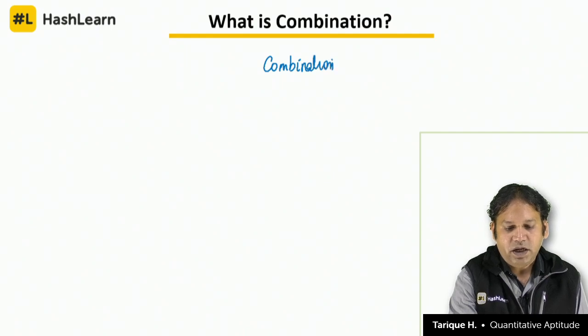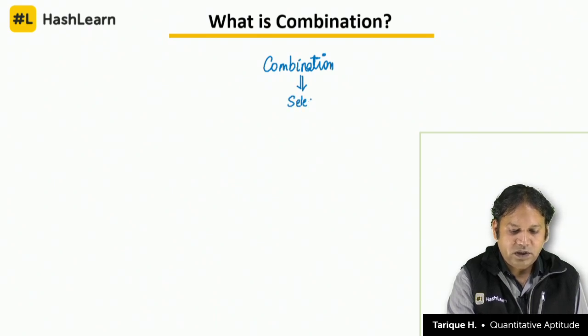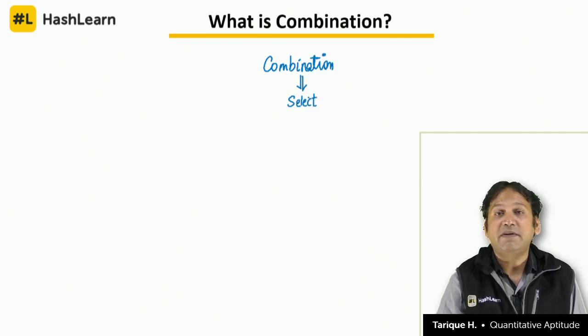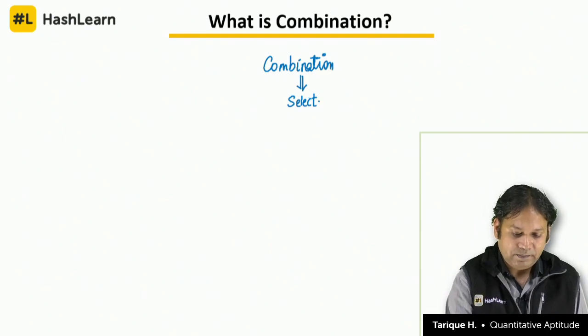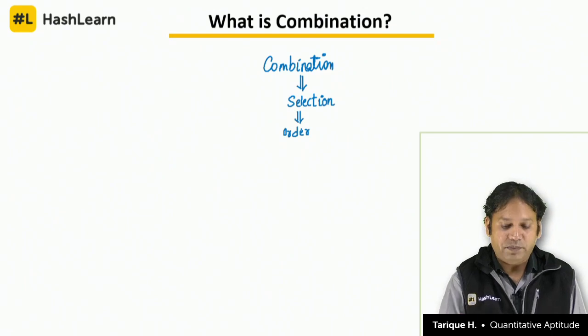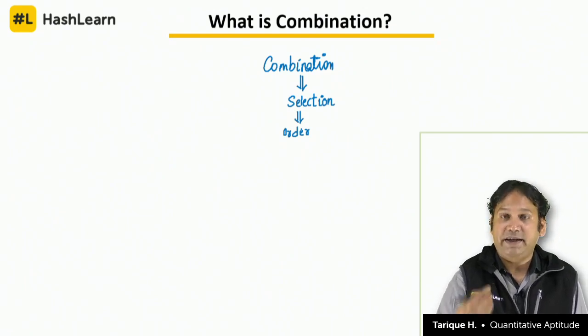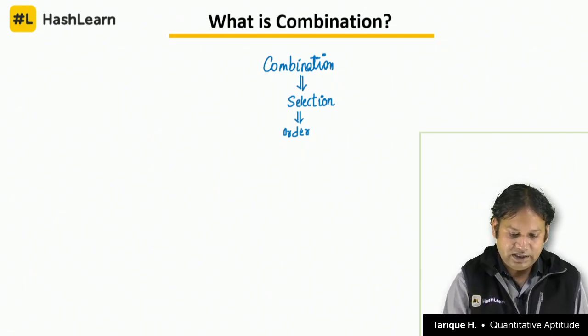Combination deals with the selection, not with the order. So in combination, the number of ways in which something can be selected, that is important. The order is not important. The selection is important, not the order in which we take the name of the things that have been selected.